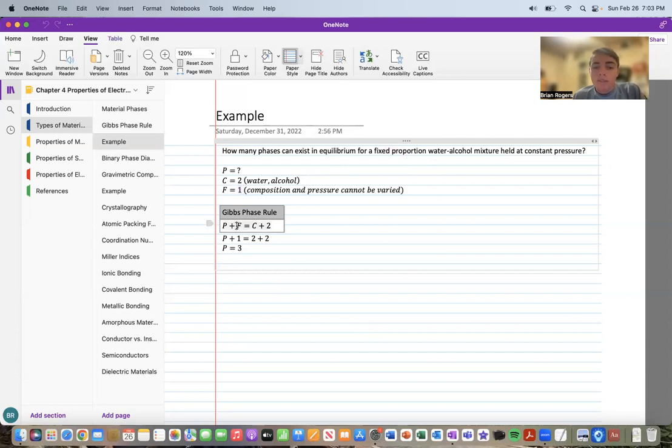And so right now, using the equation, we had 1 degree of freedom. We had 2 components within our system. Adding these together, I get 4 on the right-hand side, and subtracting the 1 to move it over to the right-hand side because we're solving for how many phases, P. So solving for P, we find out that there's 3 phases that can exist.